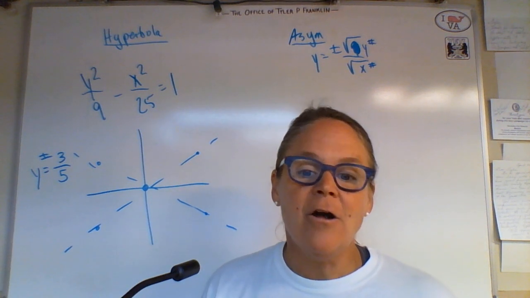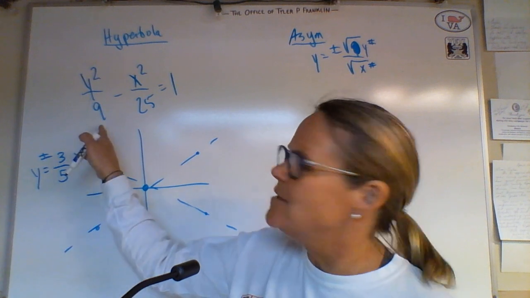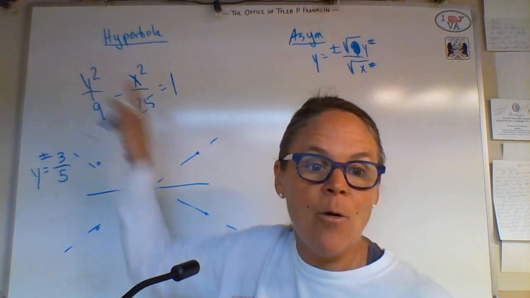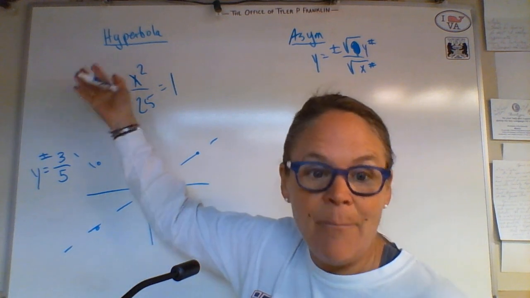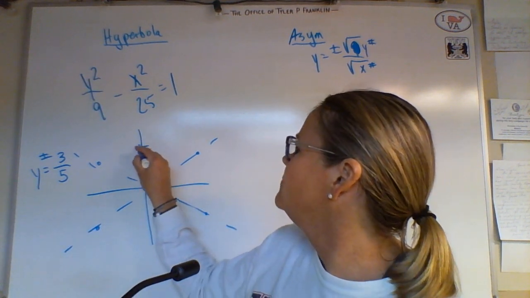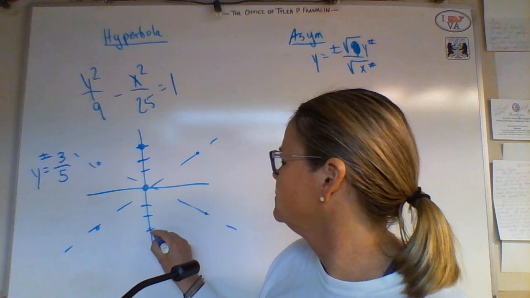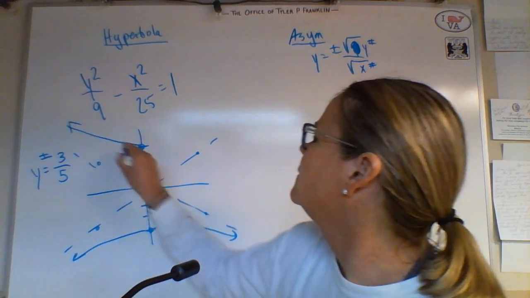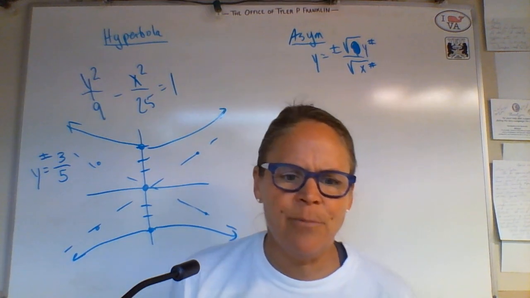So where are your vertices? 3 spots away from the center on the y, up and down. So there is my hyperbola.